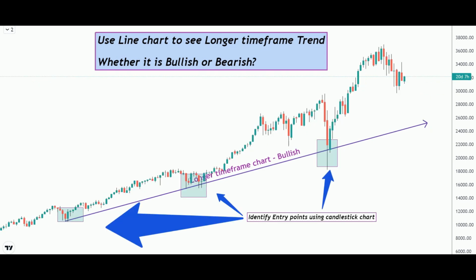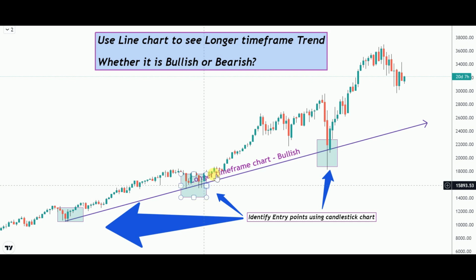Once you have identified the longer time frame trend using the line chart, then switch to the candlestick chart and see whether you can use any of the 4 data points, that is OHLC, to find out the entry points to enter into the ongoing trend.